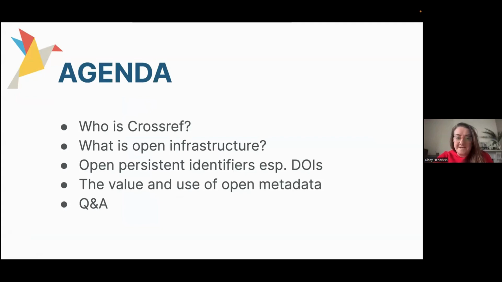So we'll talk about metadata and relationships, and a little bit about Crossref and our membership. And I will hand off at some point to my colleague, Cora Courgette, who is also based in the UK currently, and is our head of community engagement and communications. Okay, so let's get started.